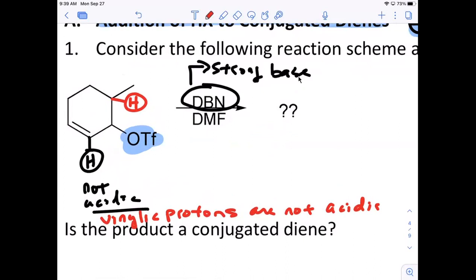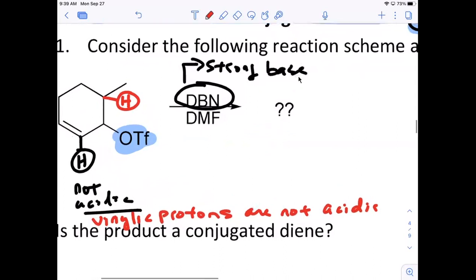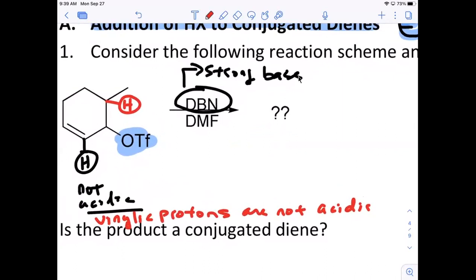So what's the product going to look like? It's gonna be a double bond. So this one is already here. I'm gonna put it right there. Y'all following that? The base is just gonna come in, pull this proton off, and eliminate like so, like that.